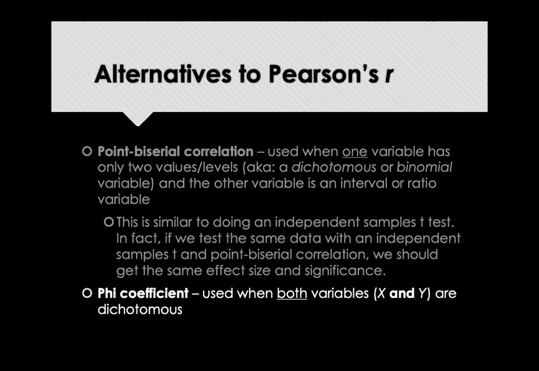So you might see a question on the exam that presents a hypothetical research question like that. And I might ask you, which correlation measure would you use for that research question? And you want to be able to identify, okay, those are both dichotomous variables. I would use the phi coefficient.